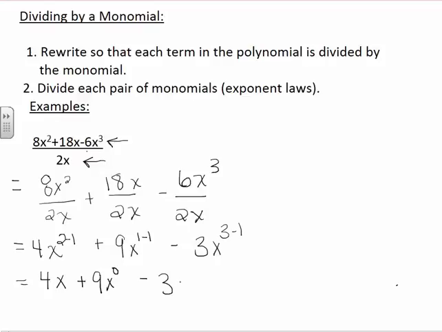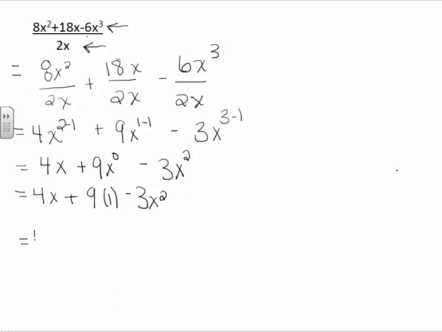minus 3x squared, which leaves us with 4x plus 9 times 1, because x to the 0 is always 1, minus 3x squared. And our final line would be 4x plus 9 minus 3x squared.